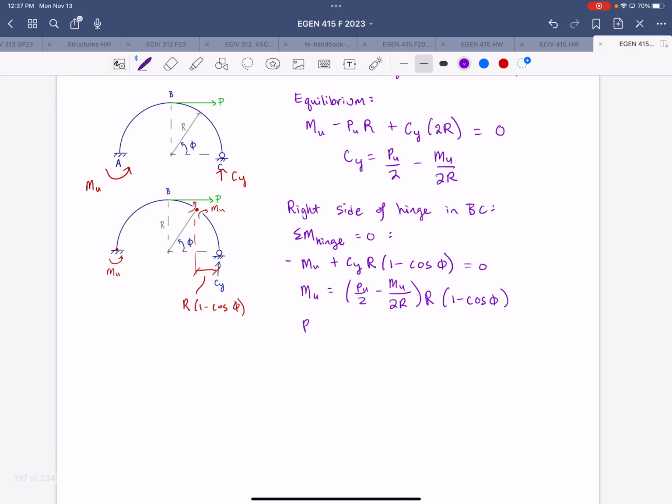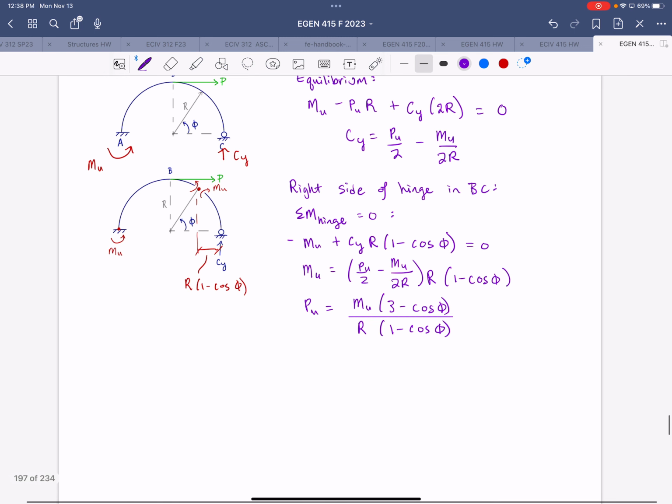Solving for Pu, we get Mu times (3 minus cosine phi) divided by R times (1 minus cosine phi). I'll just note phi specifically is a variable here. It's the angle to the hinge in BC.